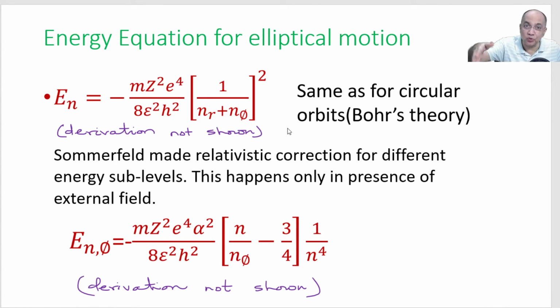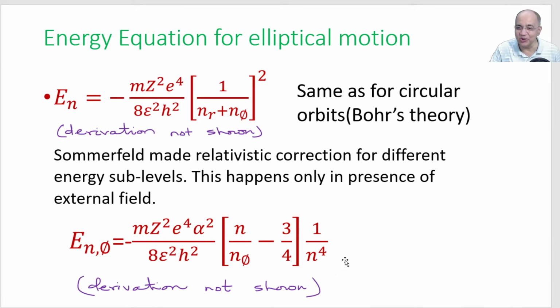Sommerfeld's contribution was from here onwards. He used the relativistic effect. Sommerfeld made a relativistic correction for different energy sublevels. This happens only in the presence of an external field.